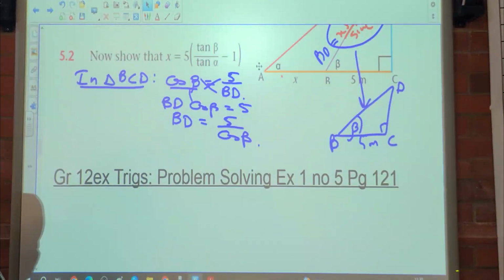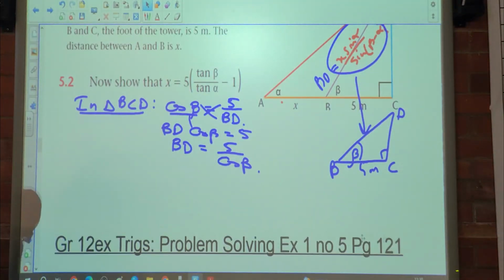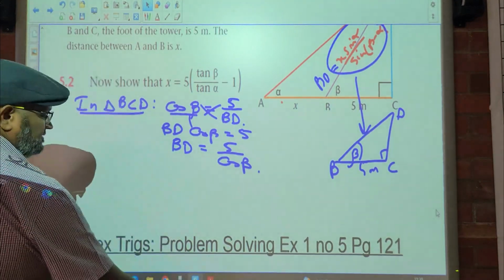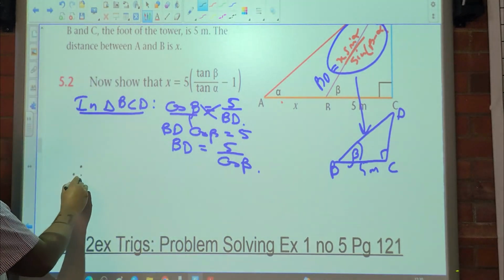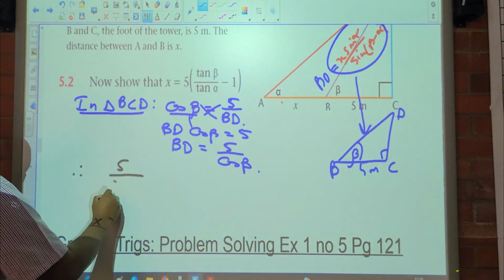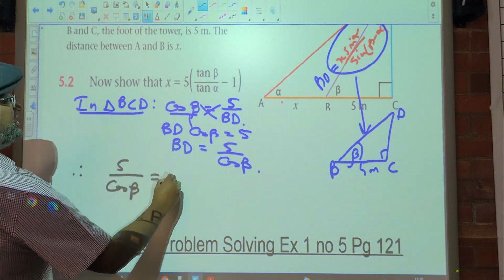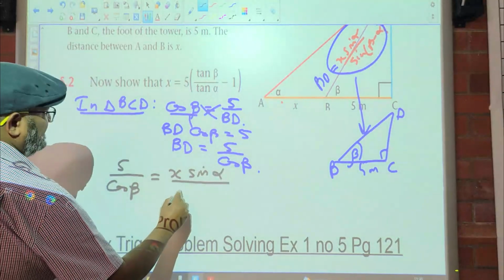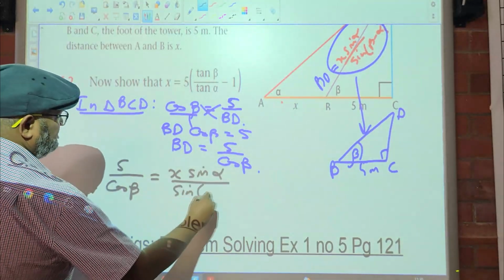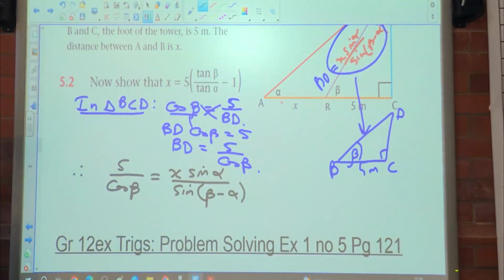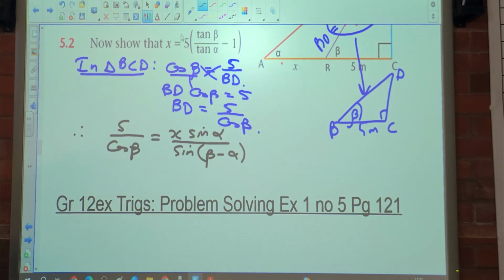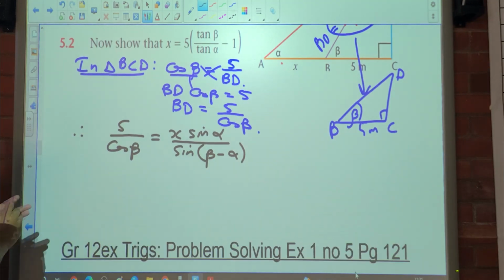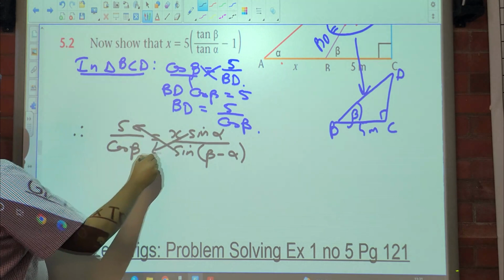You can conclude that therefore 5 over cos beta is equal to x sine alpha over sine beta minus alpha. But still I didn't answer the question. So I'm going to make x the subject of the formula. Take that up and the sine down.